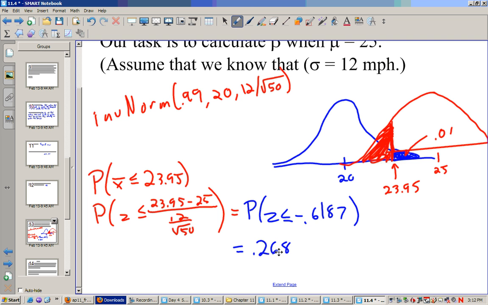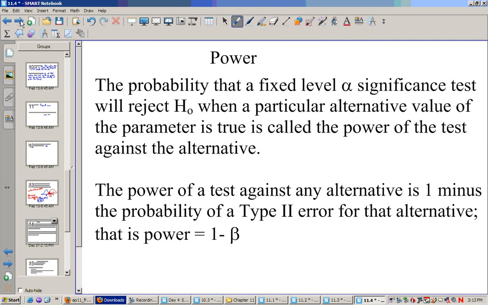So 26% of the time, I'll fail to reject the null when 25 is actually the true mean. This is what we call our beta level. Now power is the probability that a fixed level alpha significance test will reject a null when a particular alternative value of the parameter is true. This is called the power of the test against the alternative.